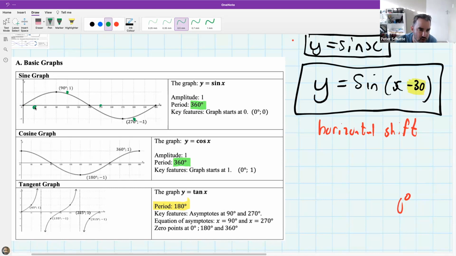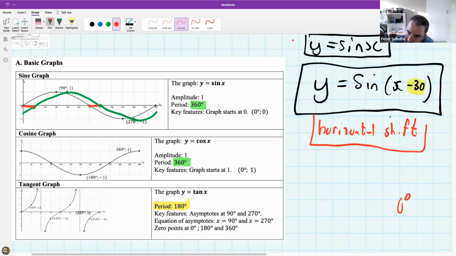So we're going to go, and then it's going to look like that. And then here, it's going to look like that. So it's just 30 degrees out of sync. If you notice that, like, the gap is always just 30 degrees each time. This is called a horizontal shift.